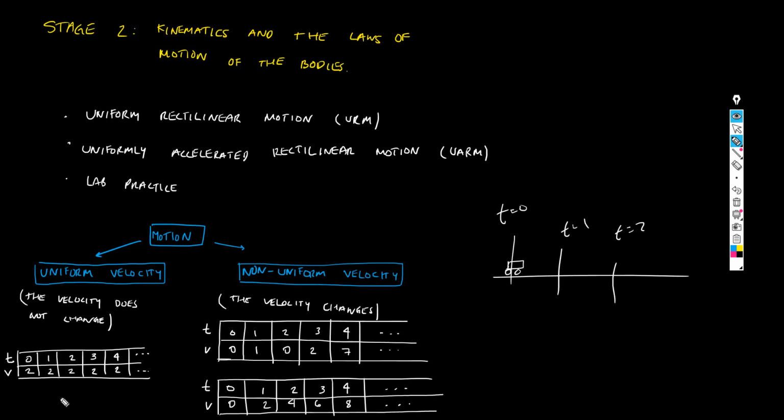Nothing in nature really moves like this if you leave it on its own. Let's just say it's very hard to observe this type of motion in everyday life. So this is the most usual non-uniform velocity, which means that the velocity of the particle changes.